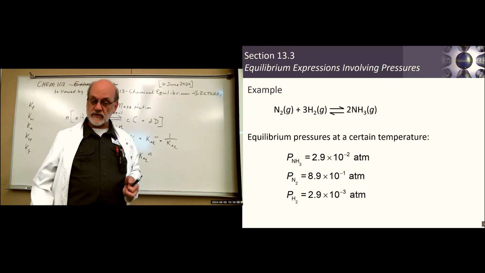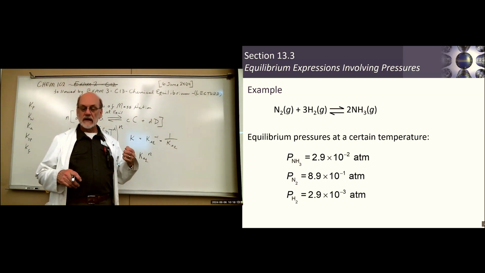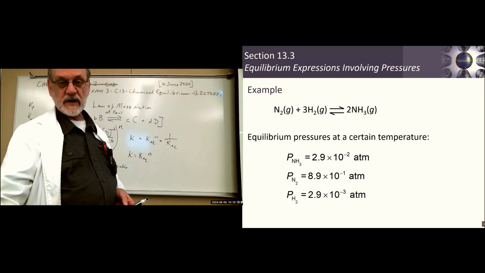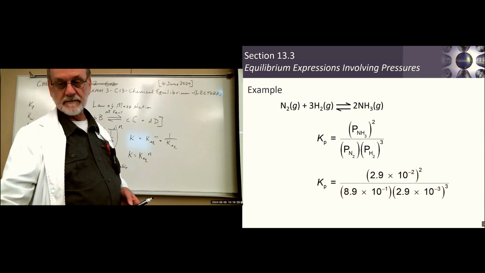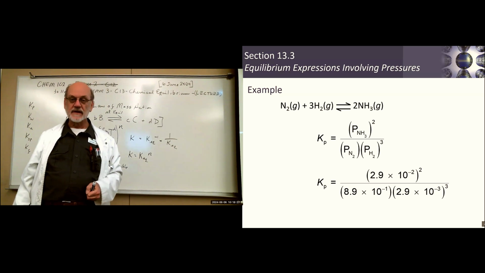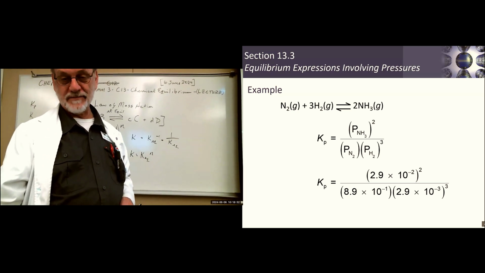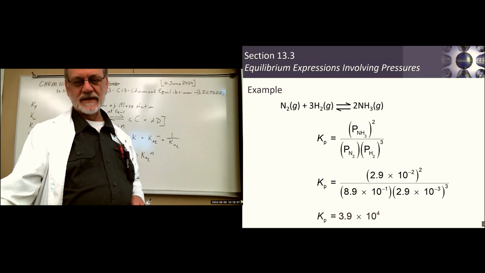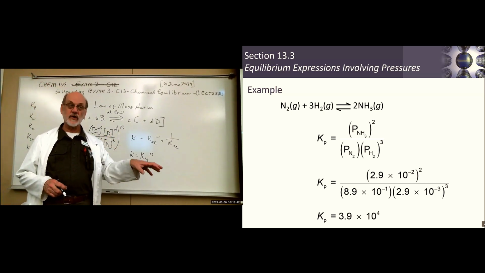So if we measure the equilibrium pressures of these gases, and they turn out to be those values, then we can plug those into that expression there. Don't forget the powers. When you calculate your Ks, don't forget the powers because they're essential. And we get a value of 3.9 times 10 to the fourth for the K in terms of partial pressures.